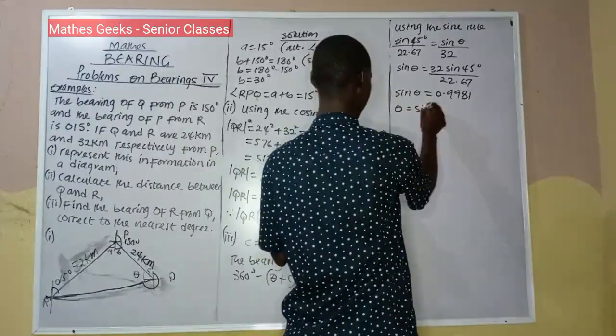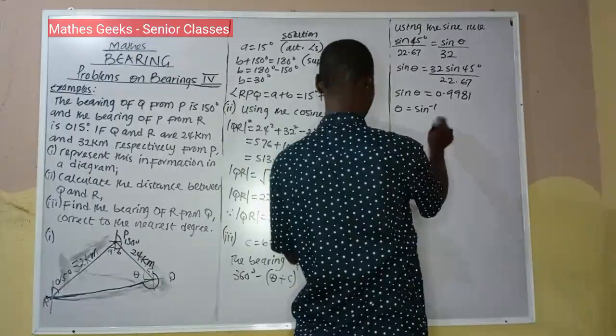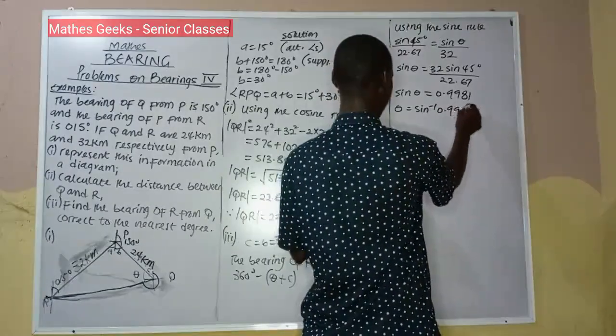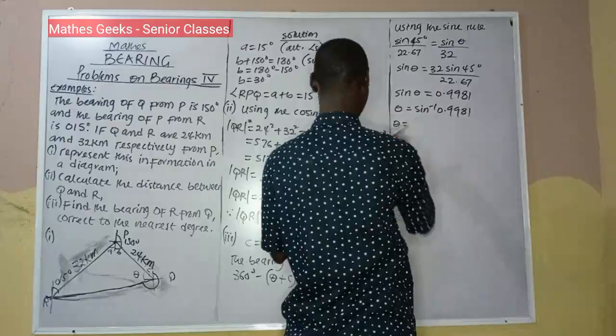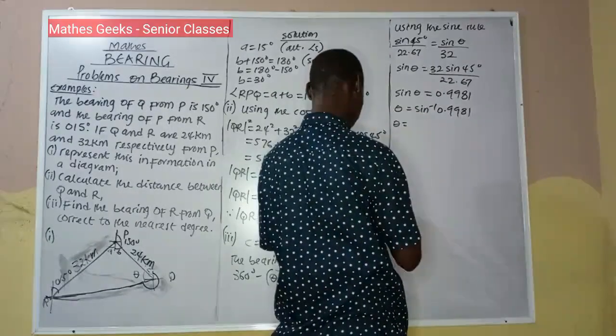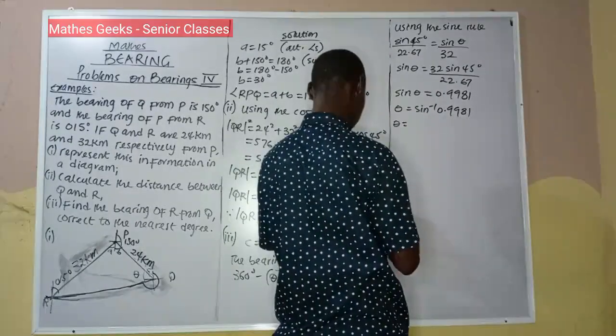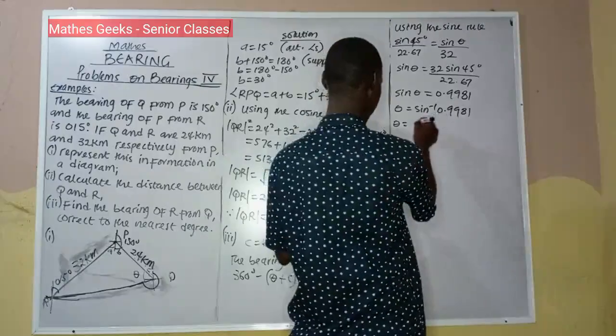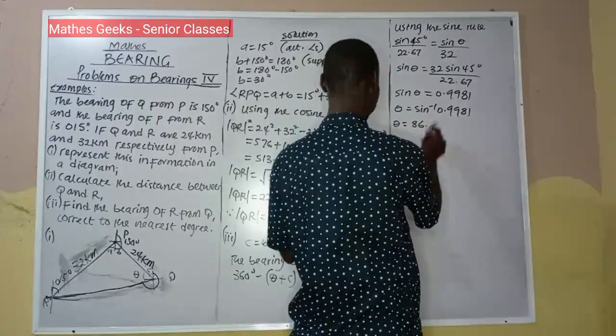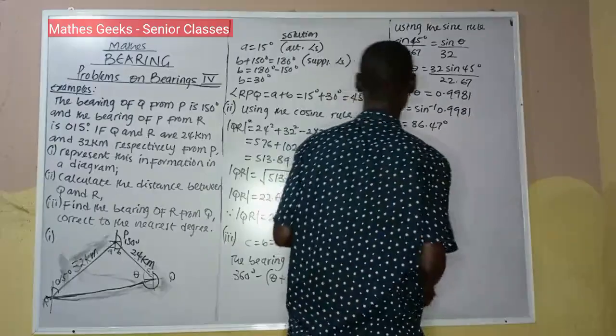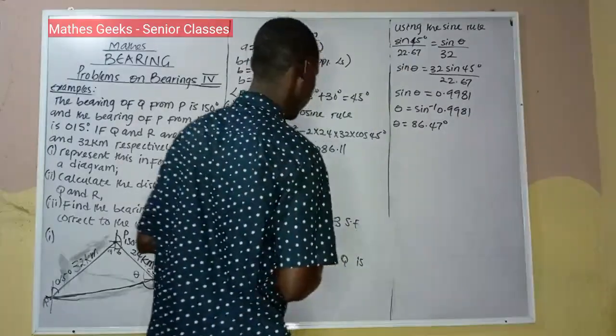Theta is equal to sine inverse of 0.9981. Theta is 86.47 degrees. So that's the value of theta.